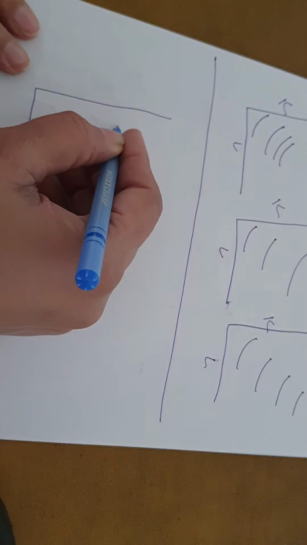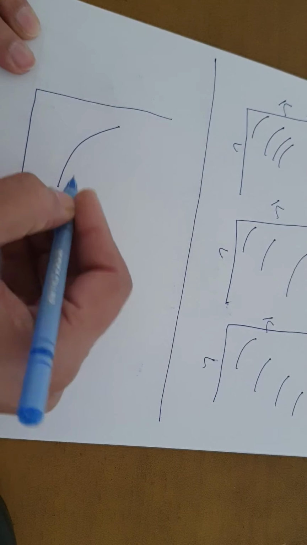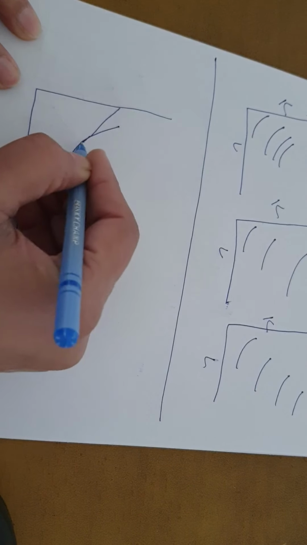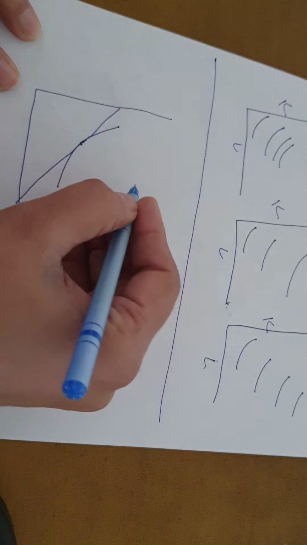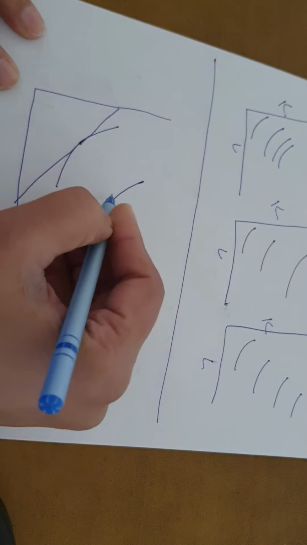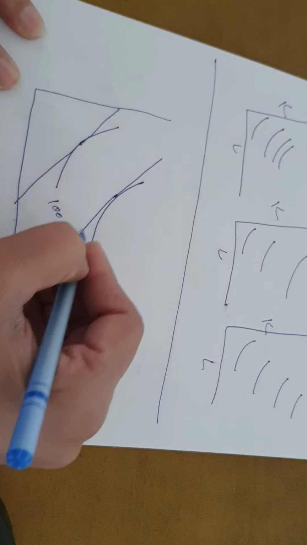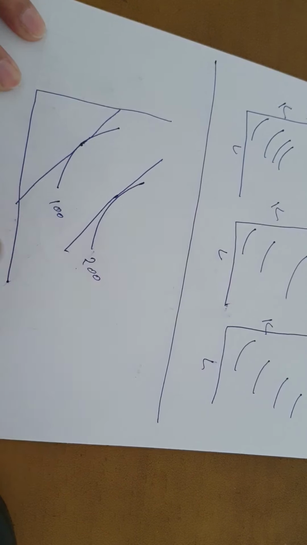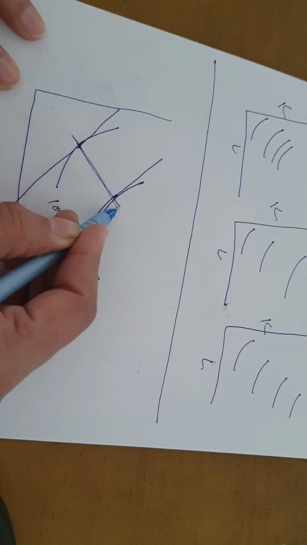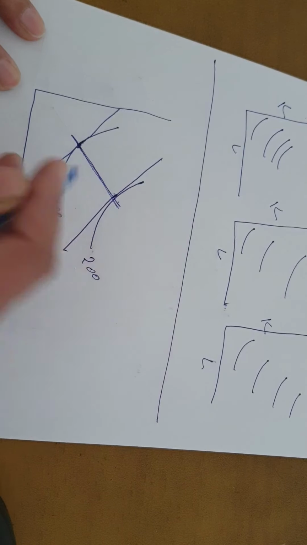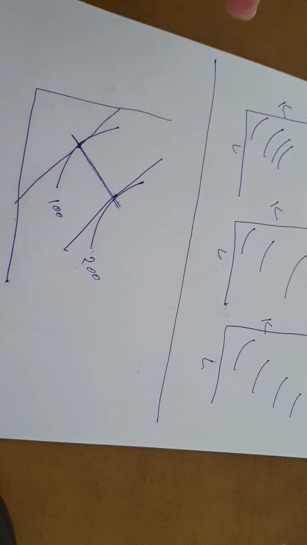I mean to say, this is your isoquant and this is your isocost line for producing 100 units. And if this is your isoquant and isocost line to produce 200 units, if I join these, this line is called the expansion path.